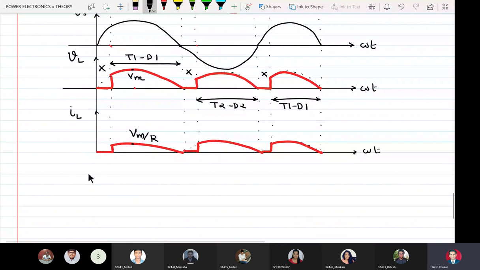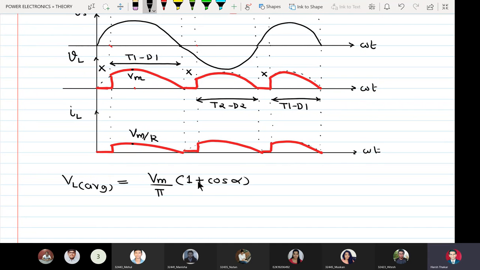Okay. And if we do the mathematical analysis for the average content of the waveform, we get VL is equal to Vm upon pi into 1 plus cos alpha.